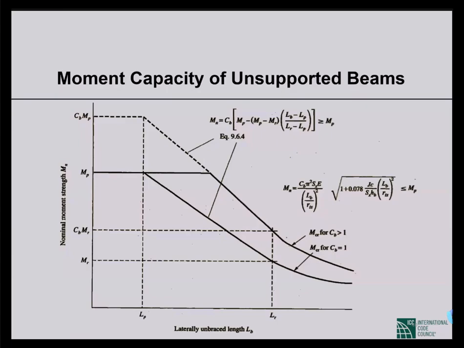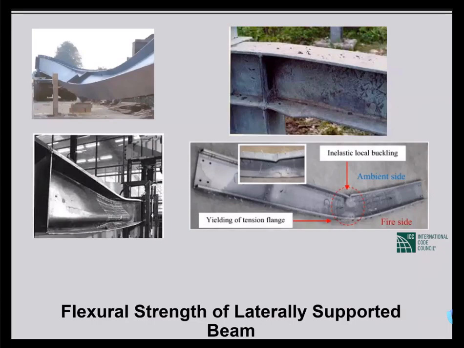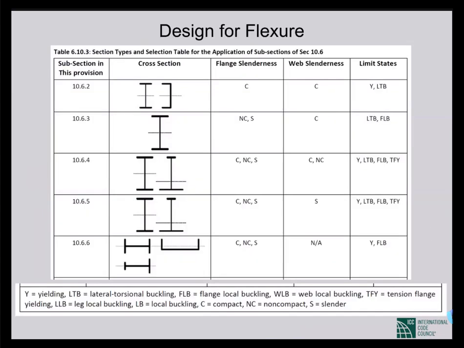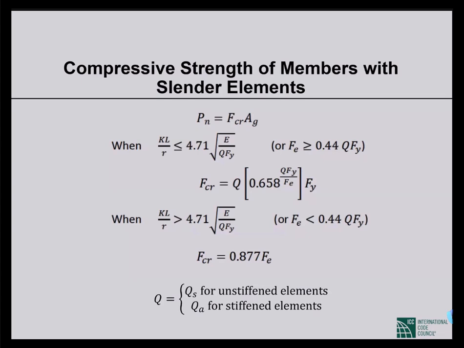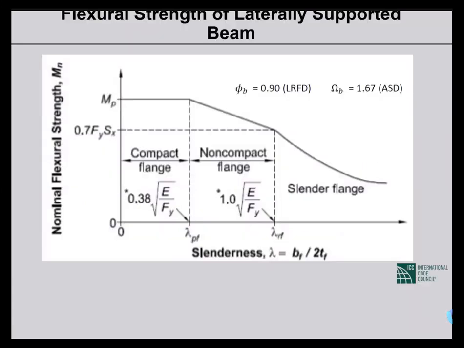Or design for compression too, I have mentioned only these formulas which are applicable only to, say, doubly symmetric I sections or something like that. So there are other formulas for other types of sections. The concept is the same, just the expressions are different. That's why I didn't mention them here, but please check them in the code. You'll find different expressions for different types of sections.